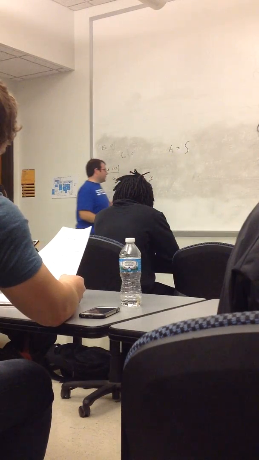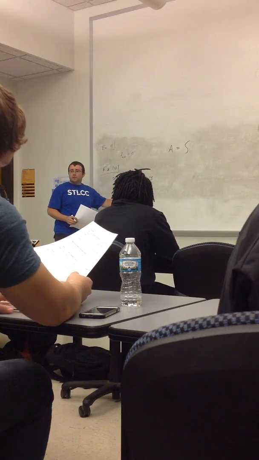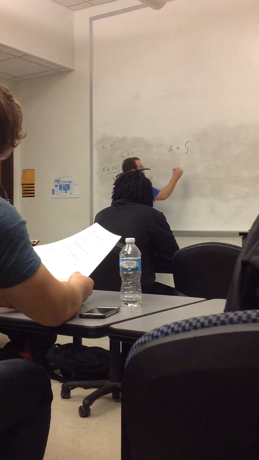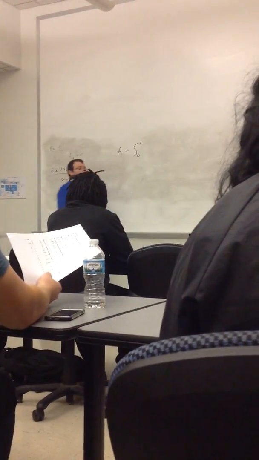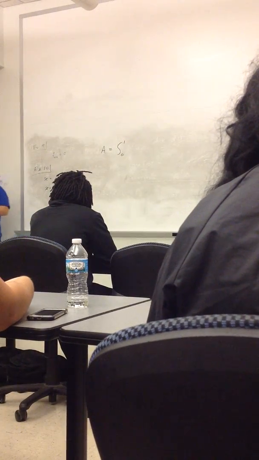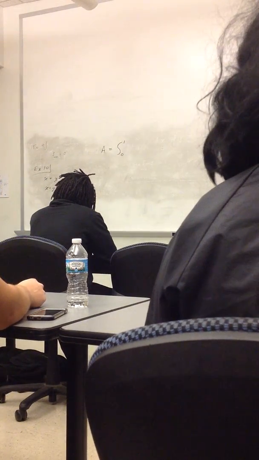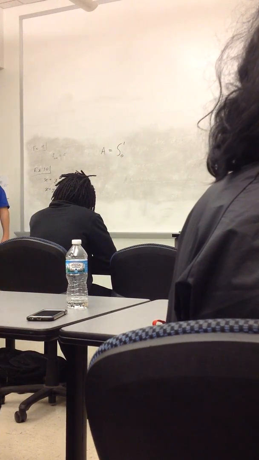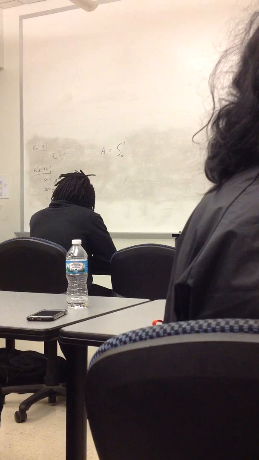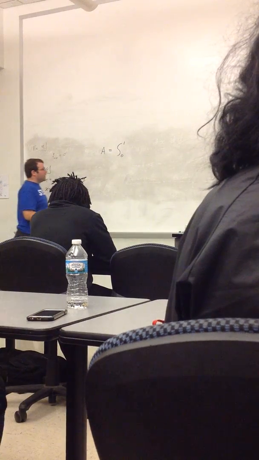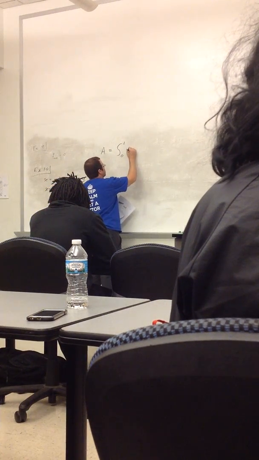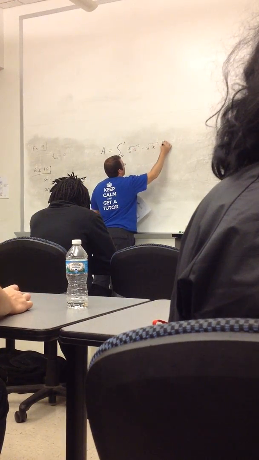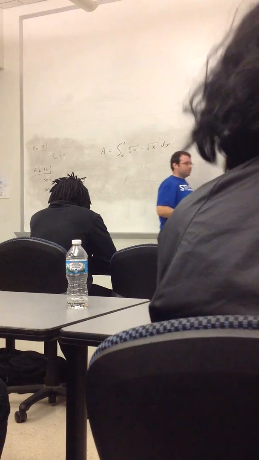What are the 2 intersections for these 2 curves? 0 and 1. While it's true that the cube root of, say, 7 is smaller than the square root of 7, between 0 and 1, fractions behave really oddly. This is where if you zoom all the way in, you'll see this weird thing happen. So this is actually going to need to be the cube root of x minus the square root of x, dx.